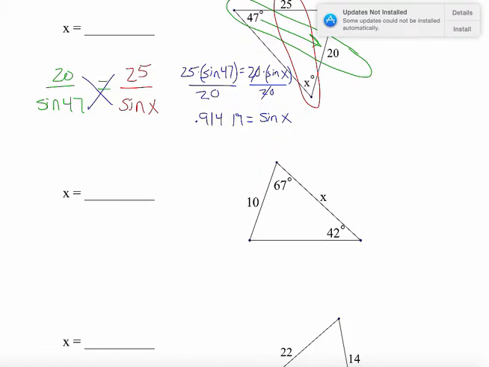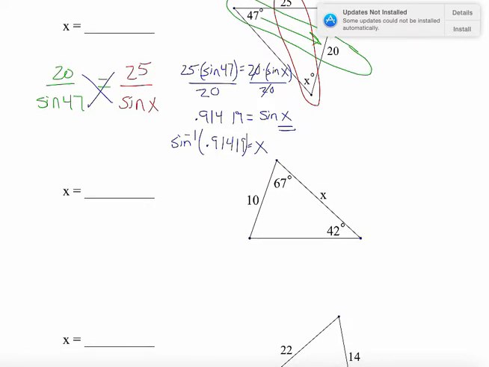And my next step is to ask, what is the angle, or in other words, what is the sine inverse of that ratio 0.91419, because that should be the angle x. So I've left that on my calculator unrounded, and now I'm going to hit sine inverse, and it's telling me that that angle x is equal to about 66.09, which we're just going to round to the nearest degree, 66 degrees.